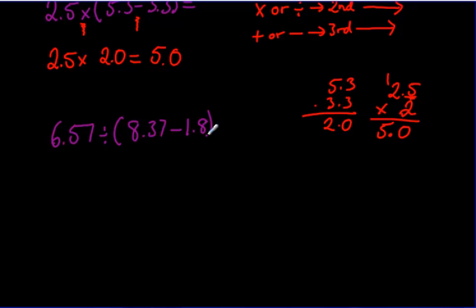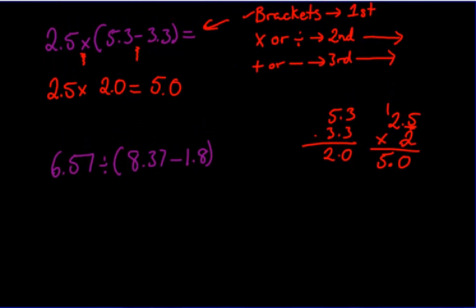Again, according to my order of operations, I'm going to do the work in brackets first. I write it out here, and you can use a separate piece of paper to show your work on, or you could just leave yourself space. When I'm subtracting, I want to make sure I line up my decimals.